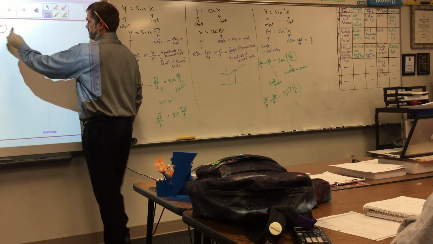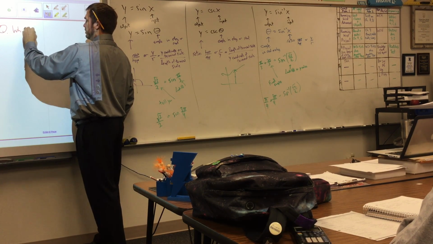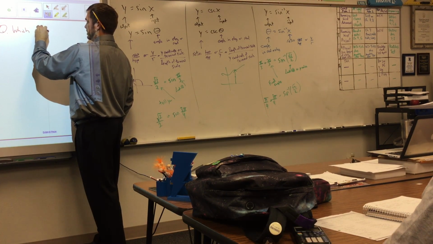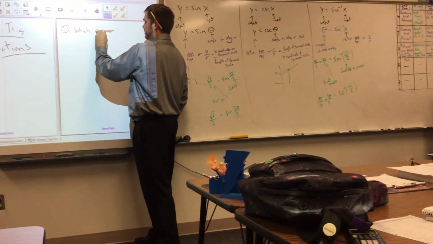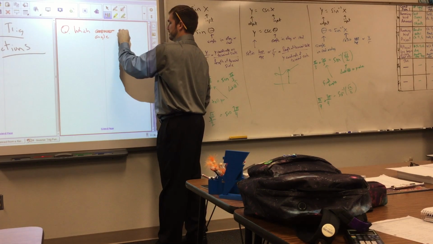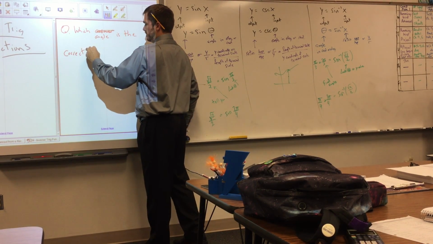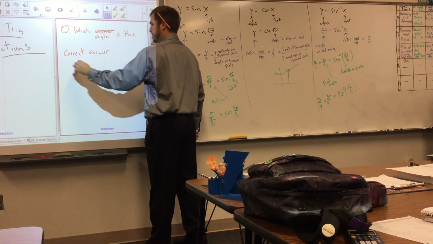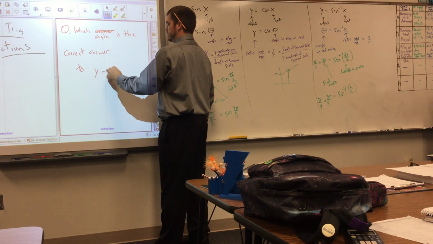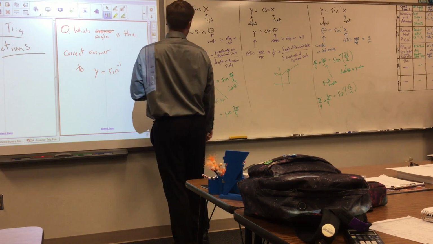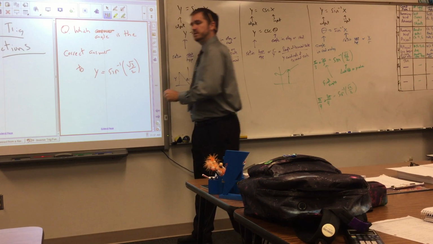So here's the question. I'll write it very clearly. The question is, which answer, or maybe you should say, which angle is the correct answer to y equals inverse sine of root 3 over 2.